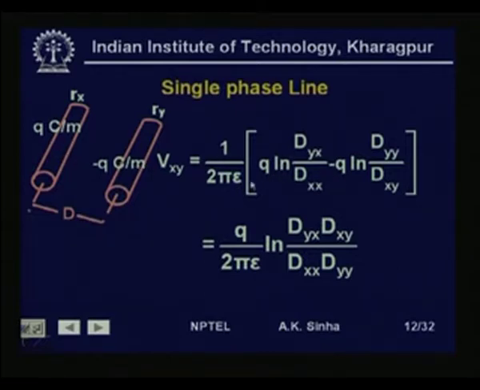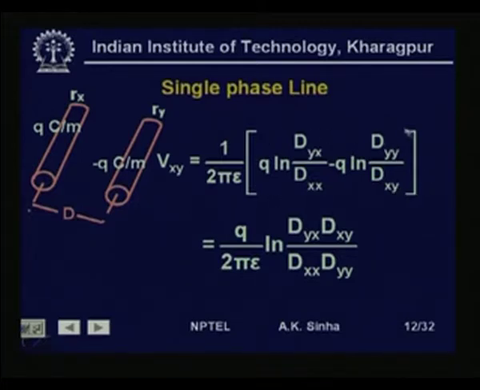And due to the charge on conductor y, the voltage between these two conductors, that is Vx to Vy, will be equal to minus 1 by 2 pi epsilon minus q ln dyy by dxy.